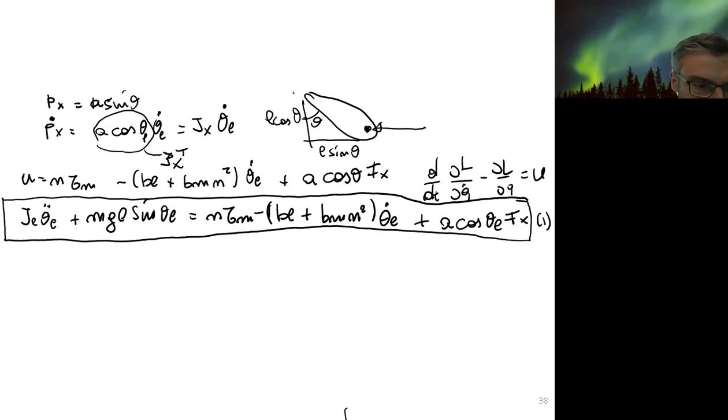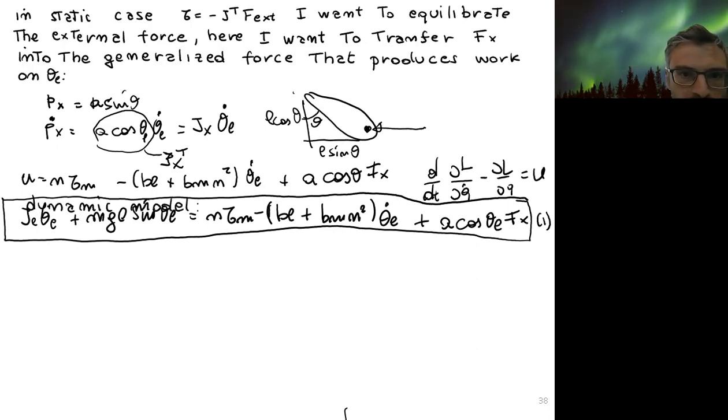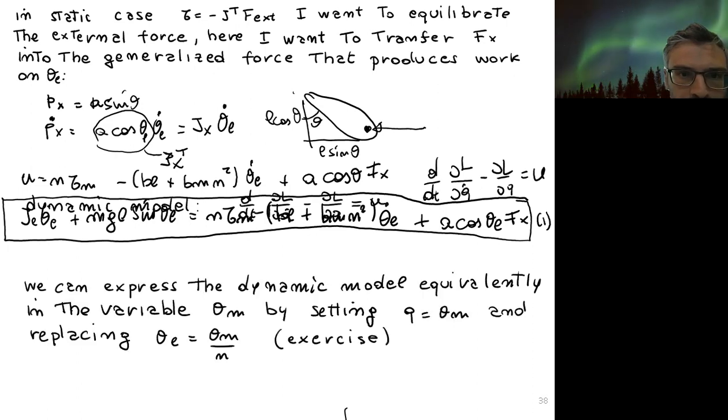Then this is the model, and we can express this model also equivalently in the variable theta m, by setting it divided by n and removing the n from the tau m multiplication.